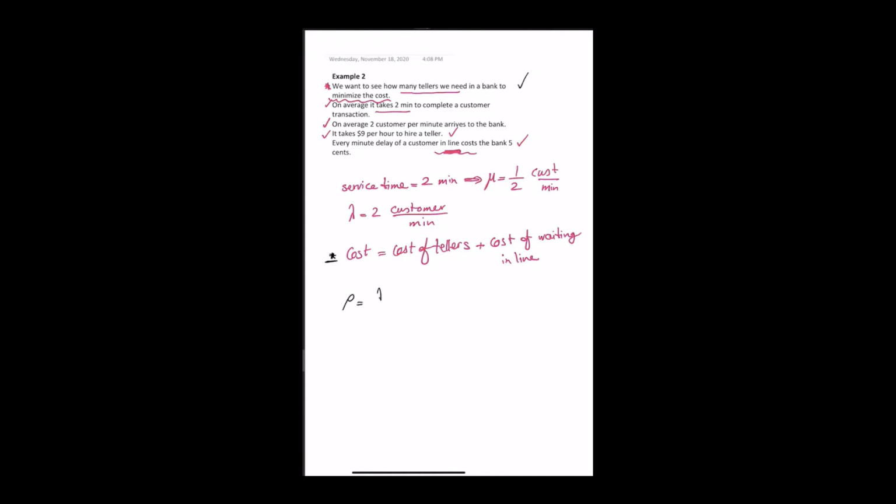Rho equals lambda over S mu. Lambda here is 2, and S we don't have, obviously, because that's the one we want to find out. Mu is 1/2 or 0.5. The condition we want to hold is that rho should be less than 1.